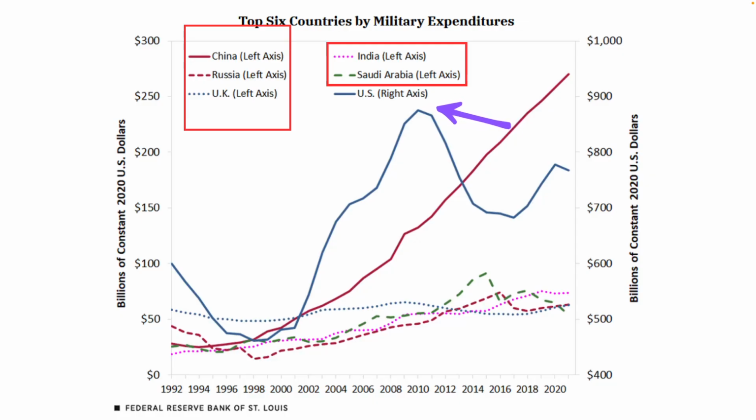The United States is on the right axis. Why you would put that in the same graph makes no sense to me. It looks like they wanted to mislead people. I feel like that's the intent. That's the only reason why you would format this in this way.